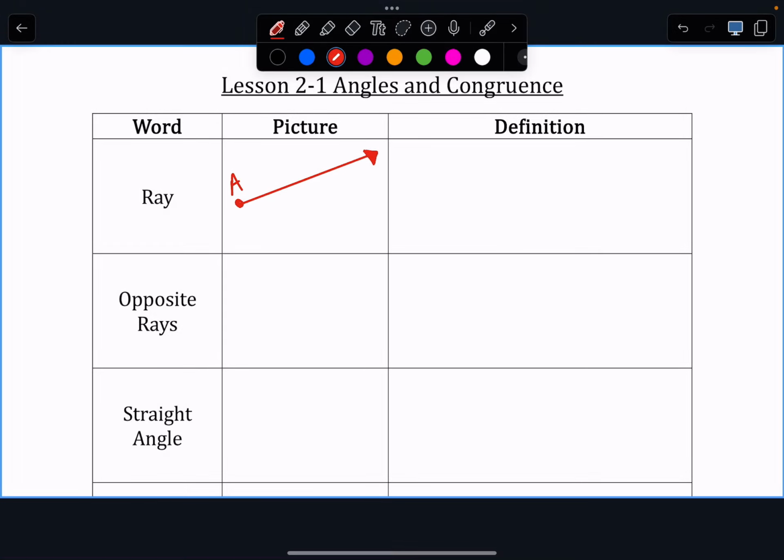All right. A ray looks like this. It is a part of a line with an endpoint.